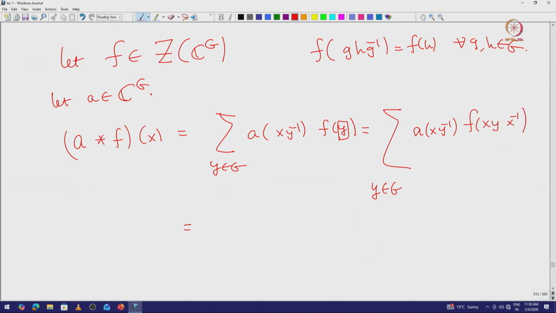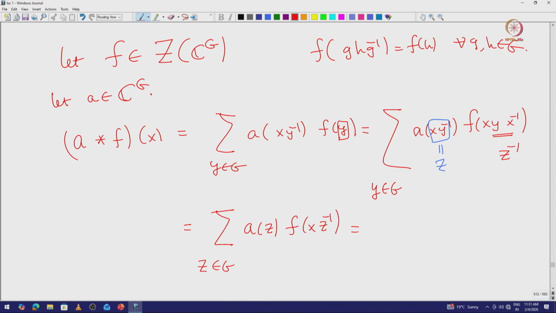Since f is a class function, we set z to be x y inverse. We have to do this change of variable. Then this equation can be rewritten as the summation over z in G of A(z) f(x z inverse).